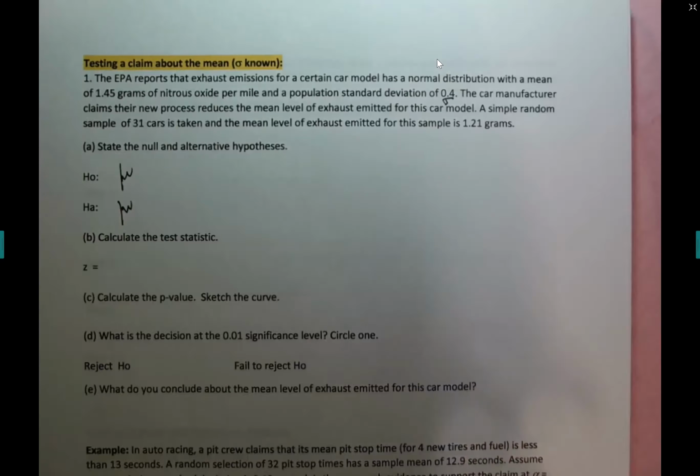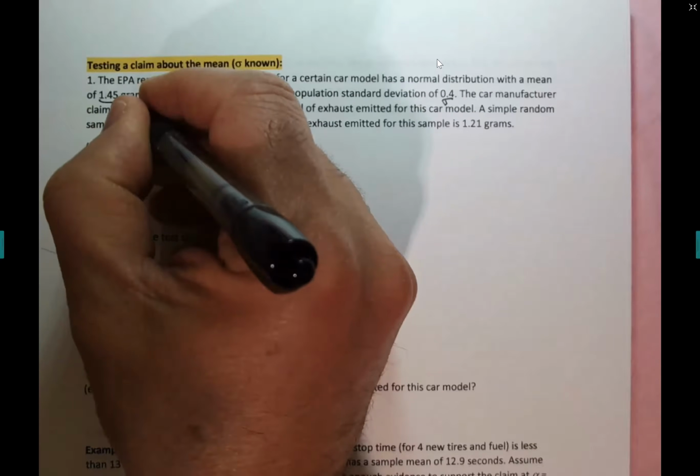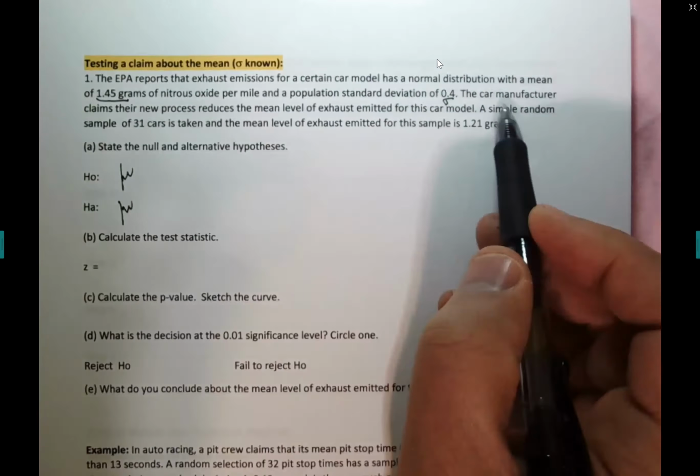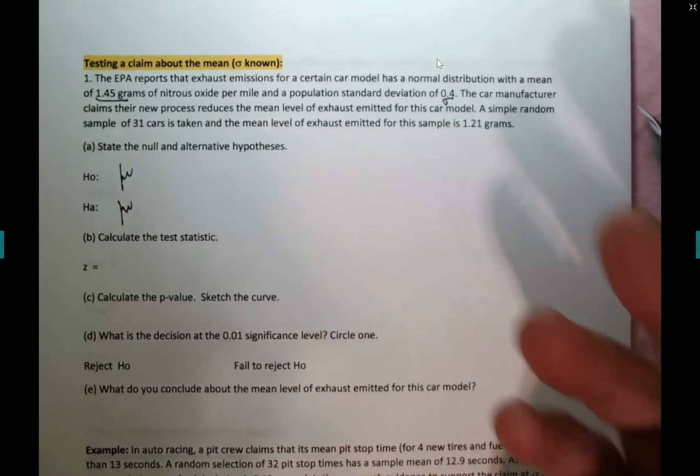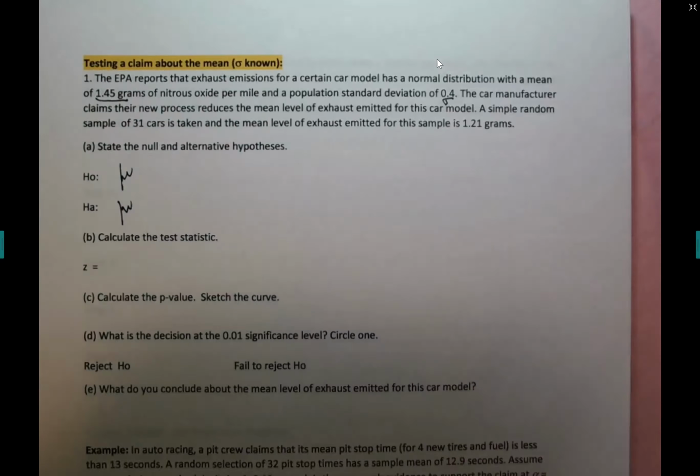Who would like to participate? This is the acceptable level. But this car manufacturer said there's even lower. So would the null be the mean is lower?